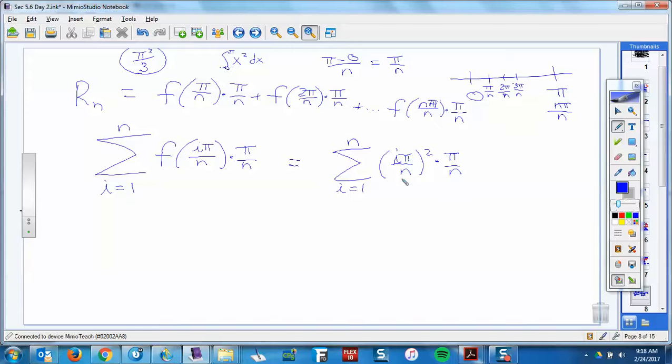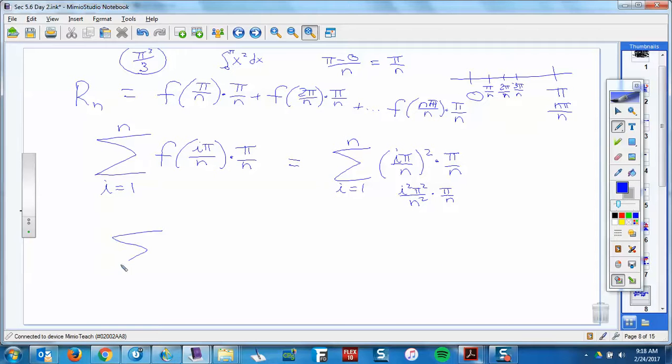So now what's i pi over n squared? I know you guys are writing furiously. It reminds me of some of the college classes I took, when the professors would be filling the boards all around the room, writing like crazy, trying to keep up. Okay? So what would this be? This would be i squared pi squared over n squared times pi over n.